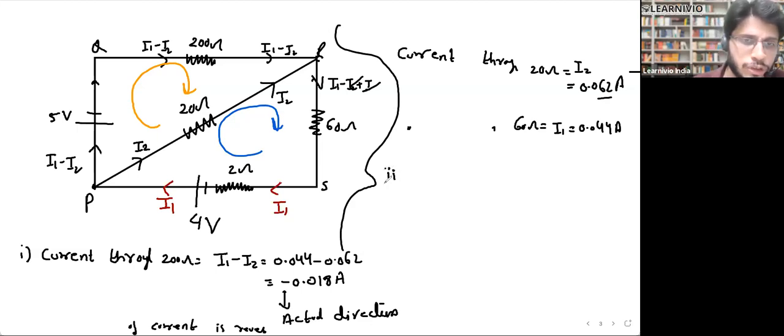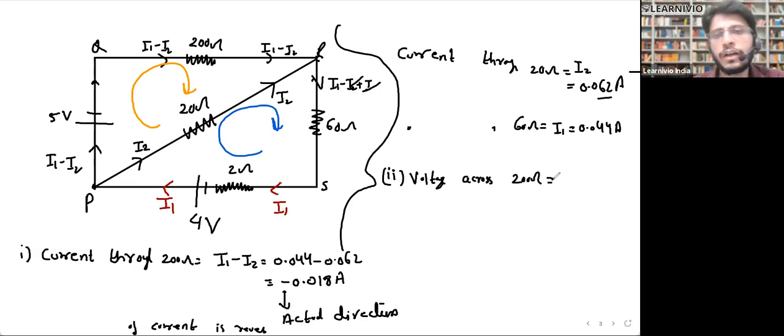The second part is you're supposed to calculate voltage drop across each resistor. If you have current, you can easily calculate voltage drop, right? The voltage drop across the 200 ohm resistor is current times resistance. How much is the current passing through 200 ohm? That's I1 minus I2 multiplied by 200.